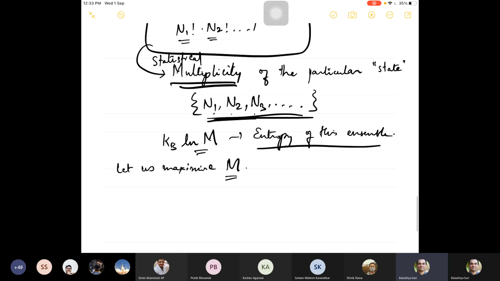Usually, when you have a function that you want to optimize along with constraints, we use the method called Lagrange multipliers.